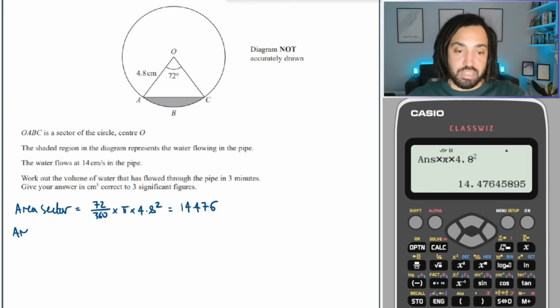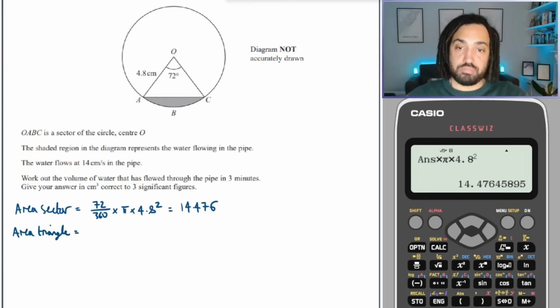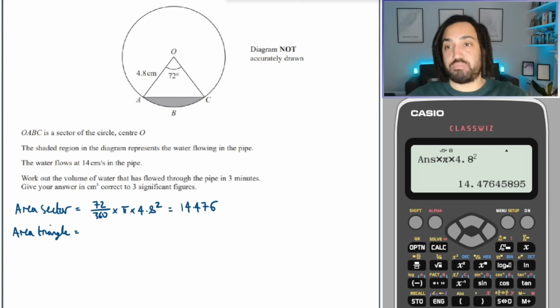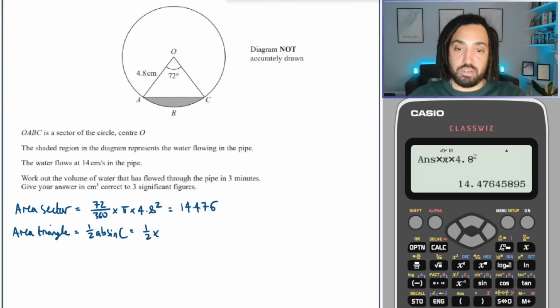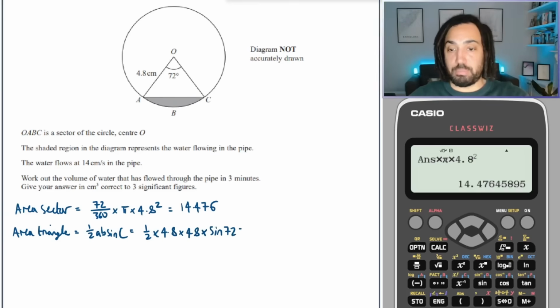Okay, now we need to work out the area of that triangle, because we need to subtract that from the area of the sector to get the area of that shaded region. So for the area of the triangle, we're going to use a half ab sine C. So that's a half times 4.8 times 4.8 times the angle in between the two sides, which is 72.